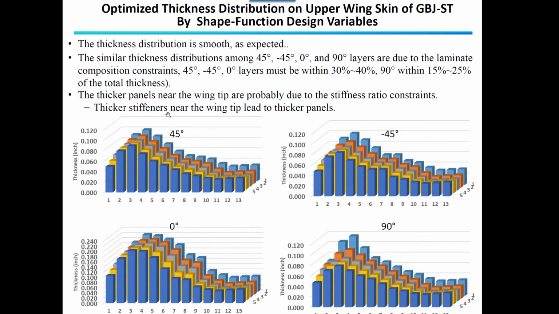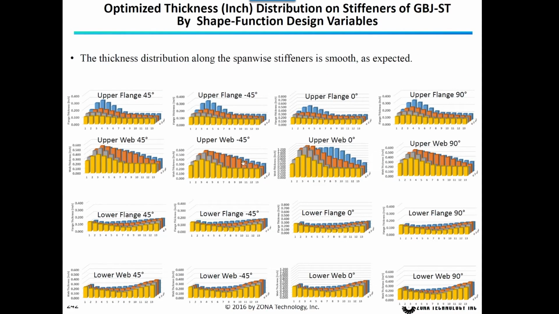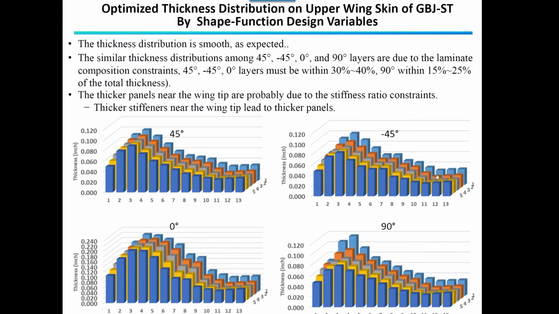The thicker stiffener near the wing tip leads to a thicker panel, because if you look at the stiffener thickness near the wing tip, the thickness increases slightly, and therefore, in order to satisfy the stiffness ratio constraint, the thickness of the skin panel near the wing tip also becomes a little bit thicker.